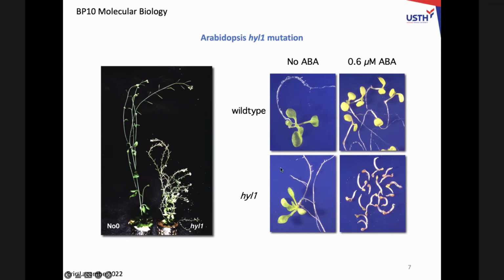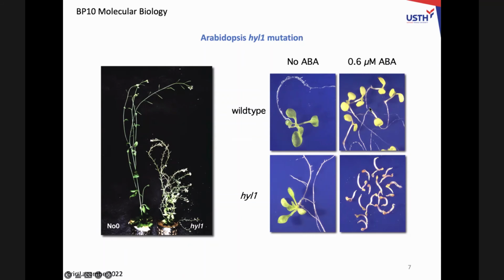This is also the result that shows that small RNAs are also implicated in the response of plants, for example, or other organisms to external signals. So here is the phenotype of a wild type plant or the same HYL1 mutant to the application of a plant hormone.